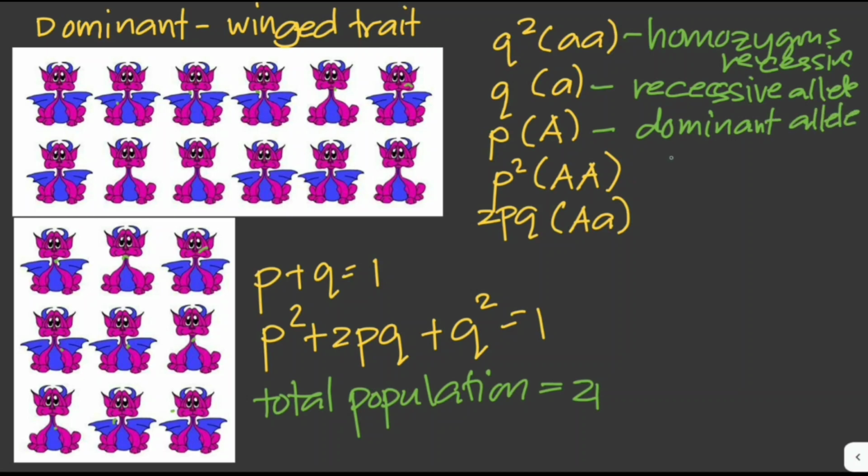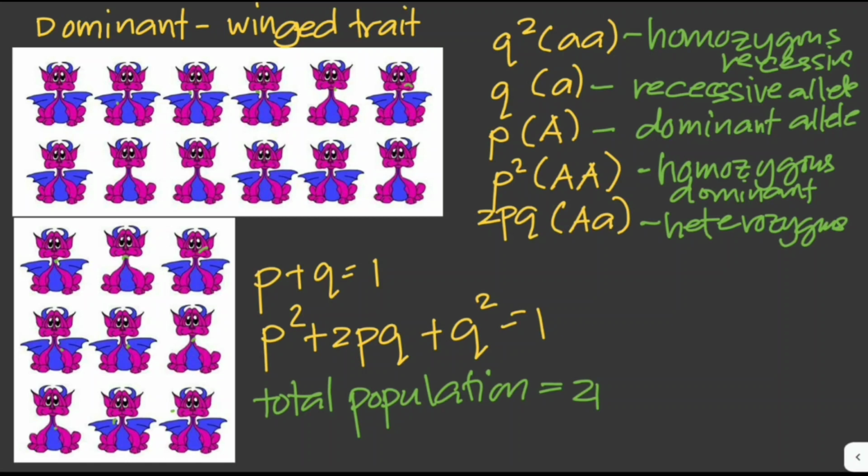Then p squared, which is denoted as double big A, is the percentage or the frequency of homozygous dominant individuals. And then 2pq is the percentage or the frequencies of heterozygous individuals.